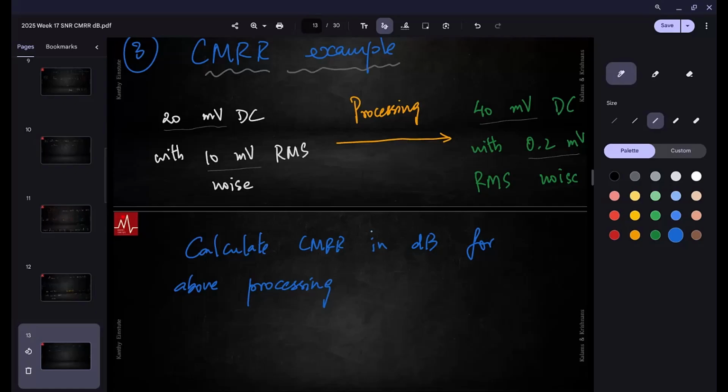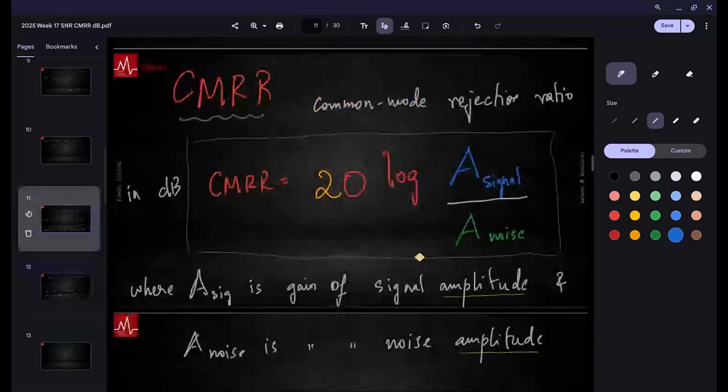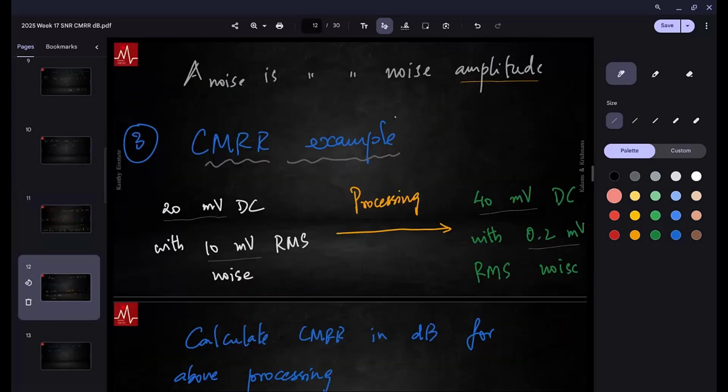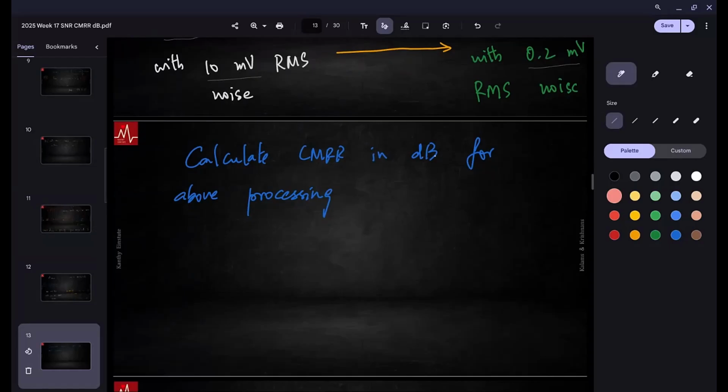Okay, so often you could also say that noise is a common mode. What you get, say if you are trying to find difference in ECG leads and all that, common thing happens to be the noise. Okay, so calculate CMRR in dB for above processing.